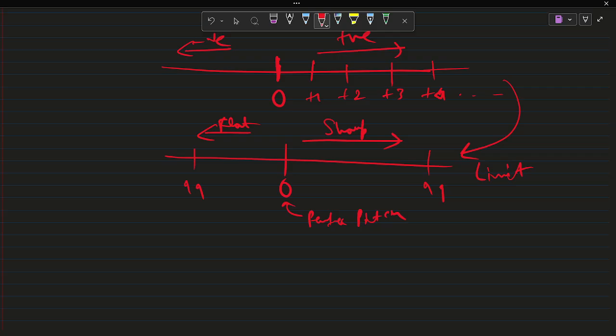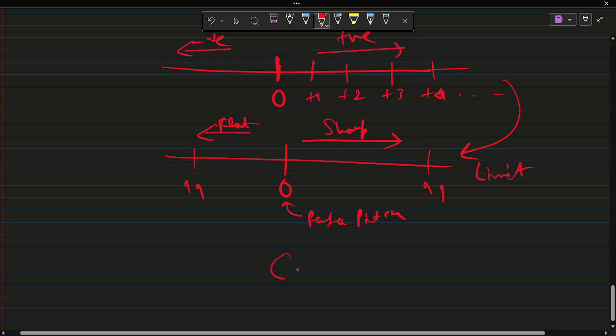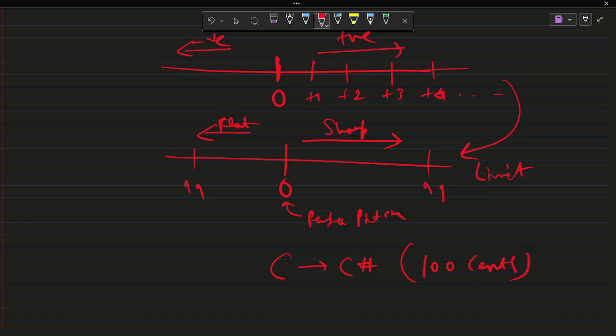between two semitones, because here is also a semitone and here is also a semitone. So one semitone is 100 cents apart. Take the example of C to C sharp. There exist 100 cents between them. Okay.